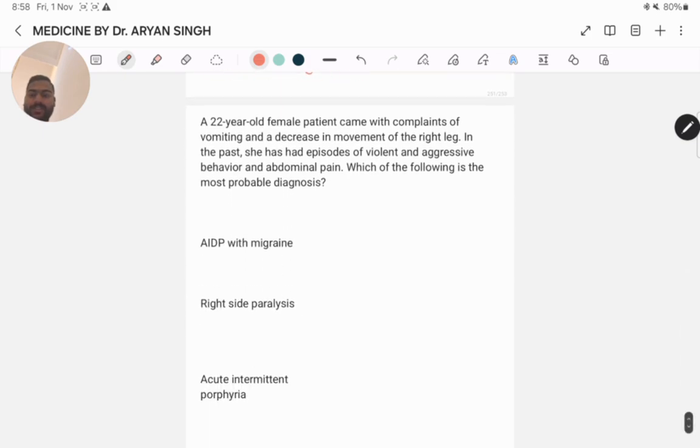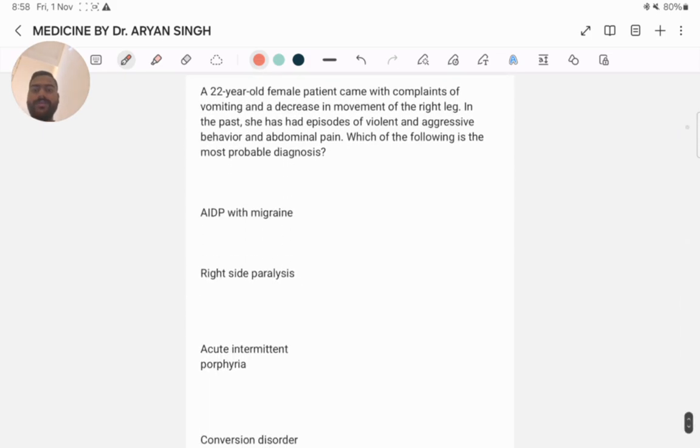Next question. A 22-year-old female patient came with complaints of vomiting and a decrease in movement of the right leg. In the past, she has had episodes of violent and aggressive behavior and abdominal pain. Which of the following is the most probable diagnosis?